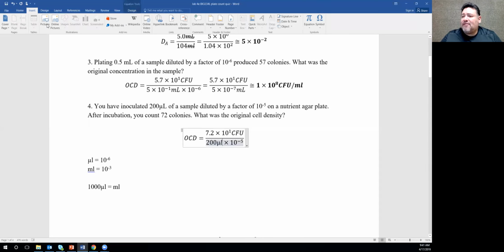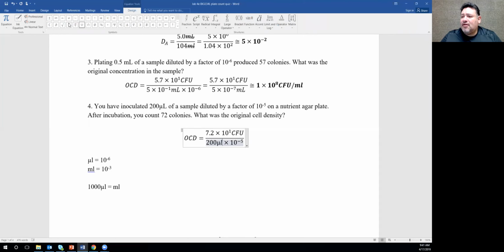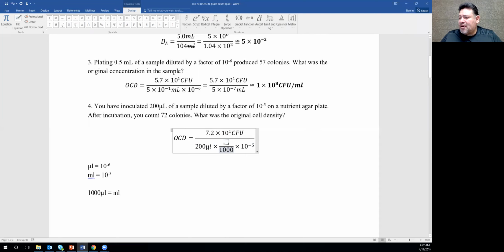Okay. So right here, we have to multiply by the fact that 1,000 microliters is 1 milliliter. But remember, we don't do ones, right? Because we're working in exponents.